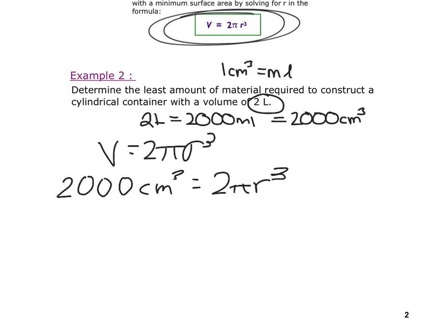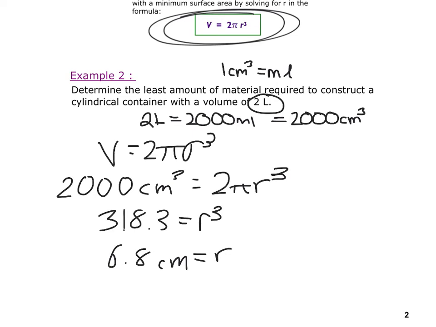Then you divide both sides by 2 pi, which gives you approximately 318.3 equals radius cubed. Then you cube root that, and you get 6.8 centimeters equals R.